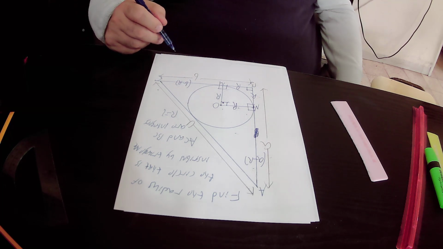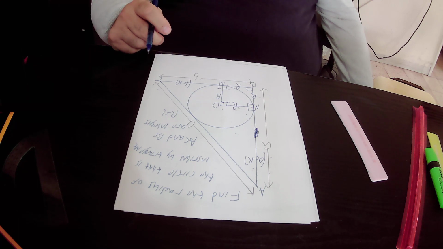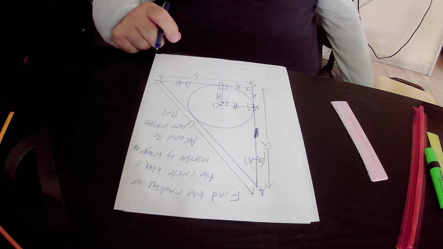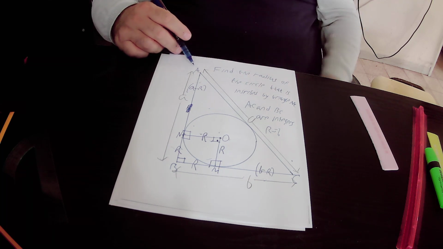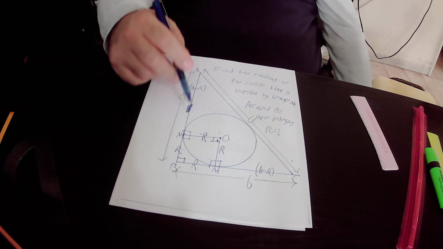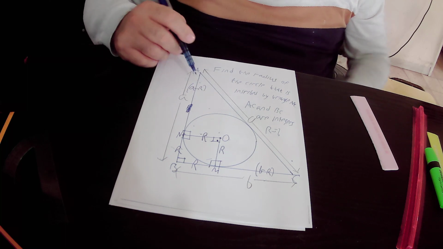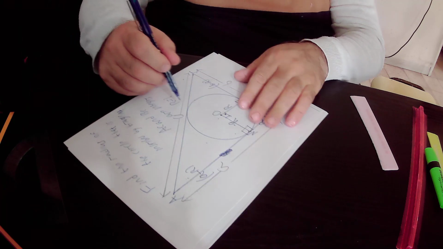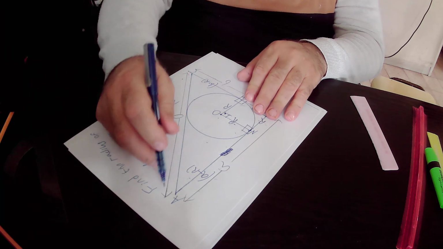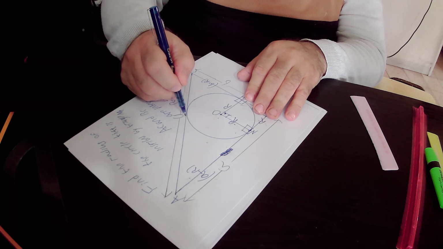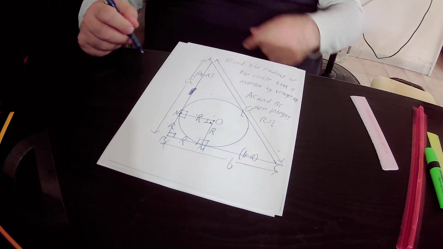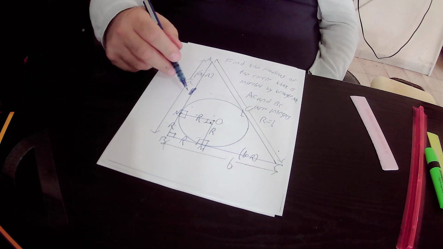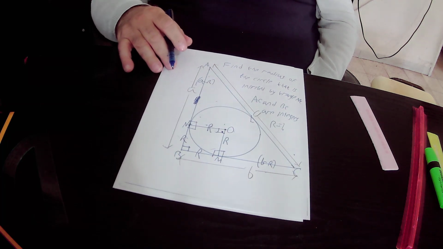Then we have rule number 2, that the lengths of two tangents from a common external point to a circle are equal. If we focus on the common external point, point A, from point A we have two tangents to this circle, tangent AN and tangent AC, whose point of tangency with this circle we define as L. So from point A we have two tangents, AN and AL, and according to rule number 2, they are equal to each other.